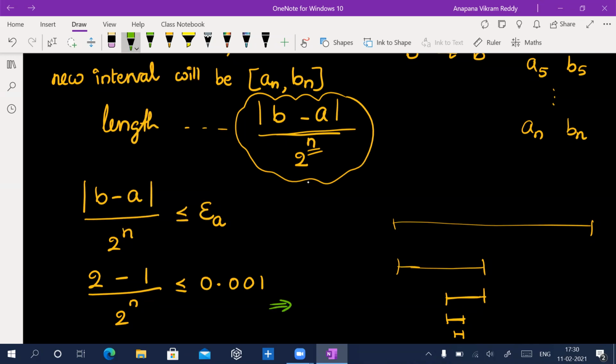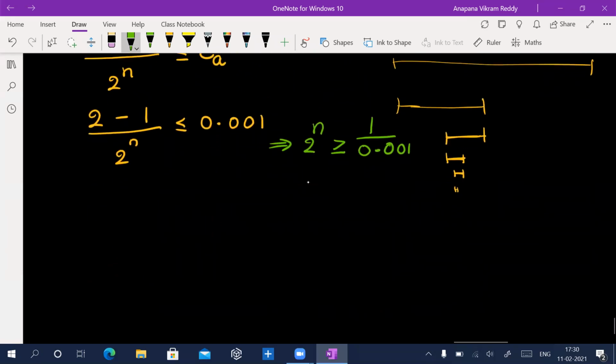If I solve this, I get 2 to the power of n greater than or equal to 1 over 0.001. Agree? So finally 2 to the power of n greater than or equal to 1000. Now you tell me what is the value of n here? 10.